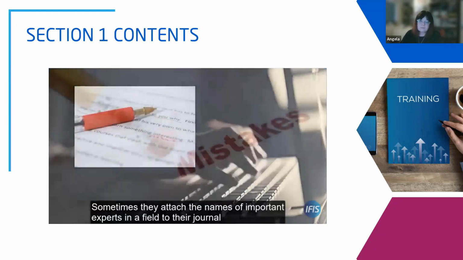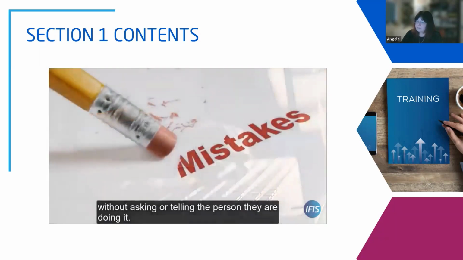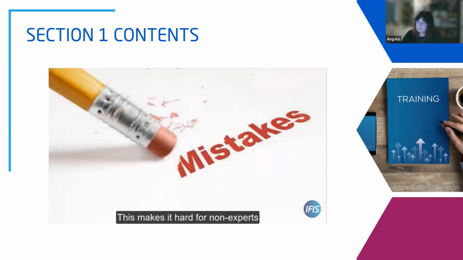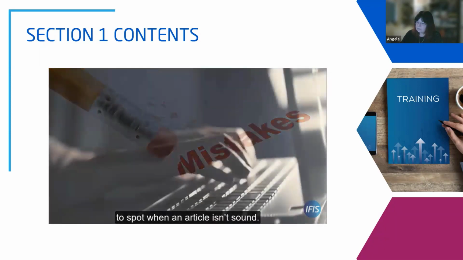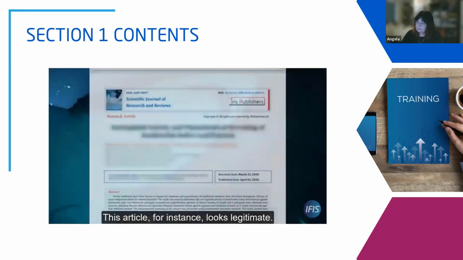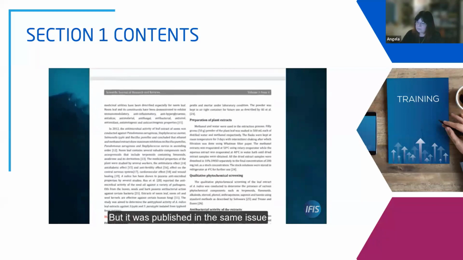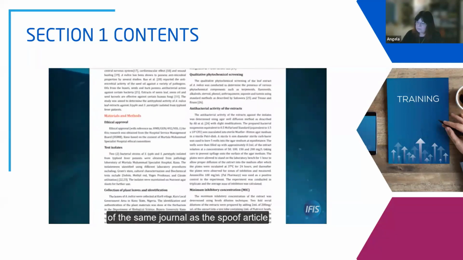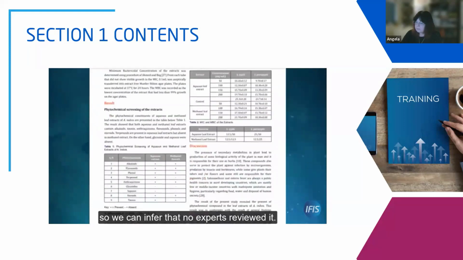Sometimes they attach the names of important experts in a field to their journal without asking or telling the person they are doing it. This makes it hard for non-experts and for students who are building expertise to spot when an article isn't sound. This article, for instance, looks legitimate, but it was published in the same issue of the same journal as the spoof article, so we can infer that no experts reviewed it.